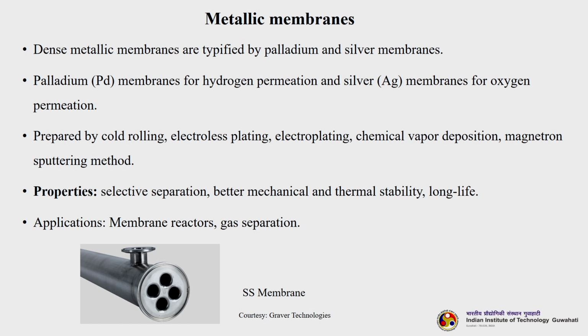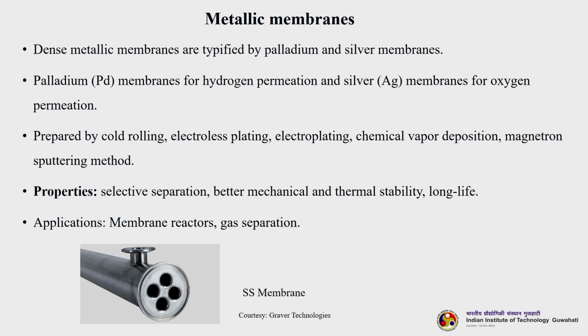They are selective membranes, palladium coated membranes for hydrogen permeation and silver coated membranes for oxygen permeation. They are prepared by cold rolling, electroplating, chemical vapor deposition which is called CVD, or magnetron sputtering. The properties are that they are highly selective, with better mechanical and thermal stability as well as a very long life. Applications are membrane reactors and gas separation.